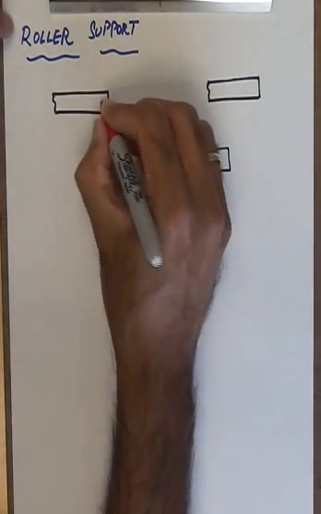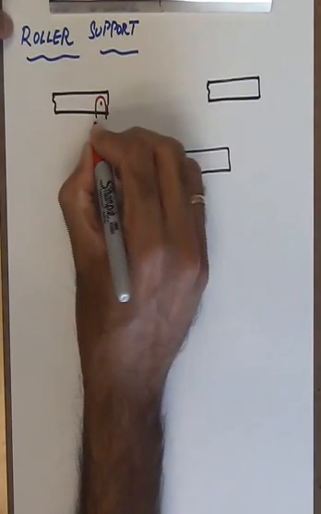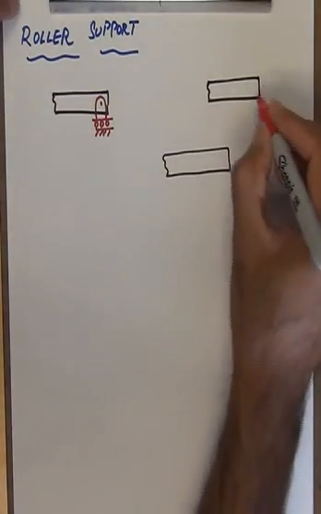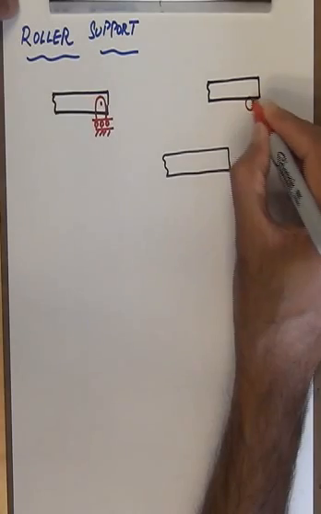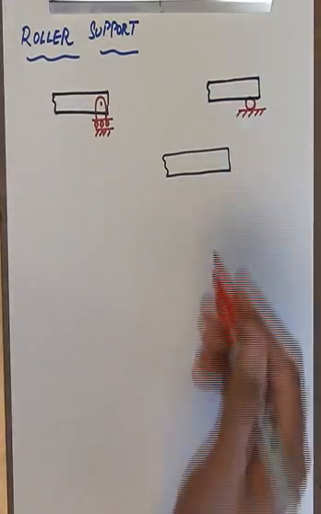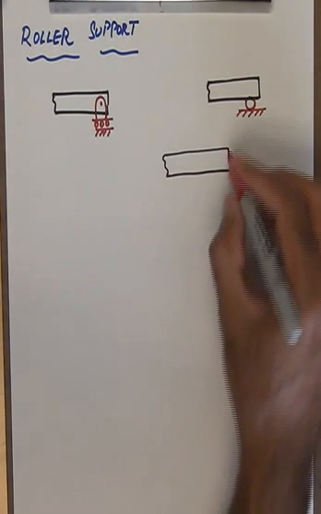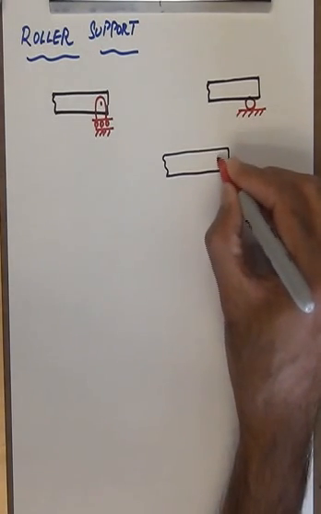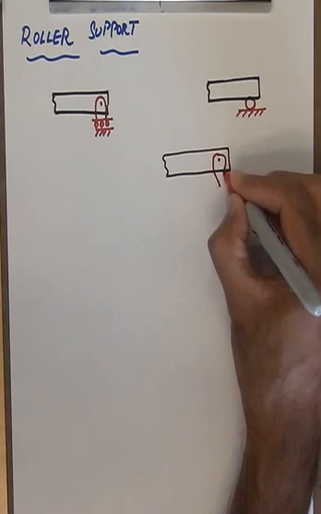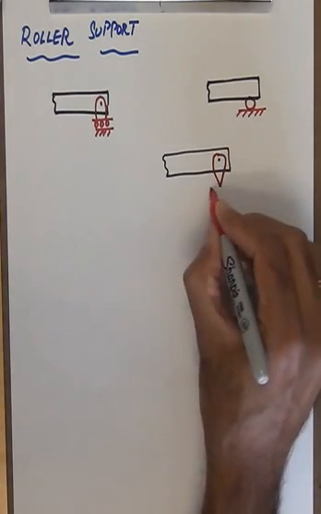So here we have a roller, first of all, the way drawn in your problem statement. We could also have a small marble of some kind which is placed on a horizontal ground. That's also an example of a roller support. Or I could have a rocker support in the following manner. It's like a point contact here.